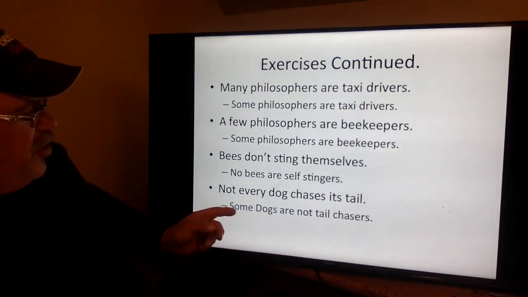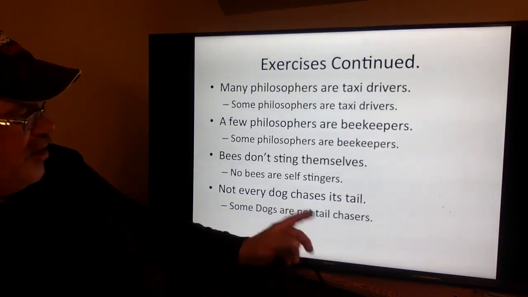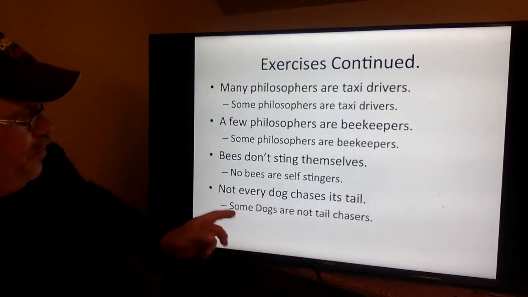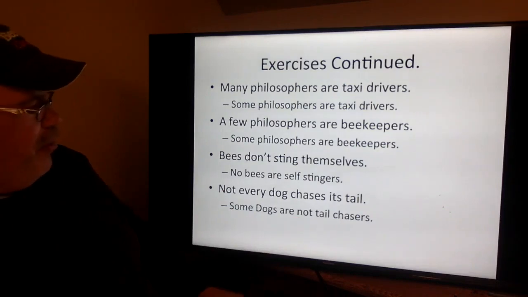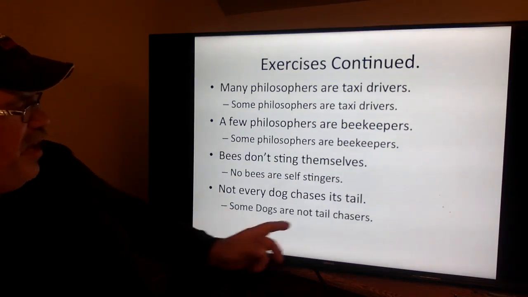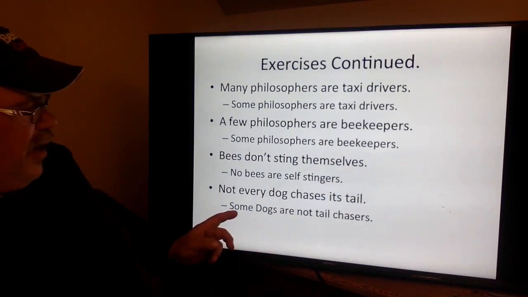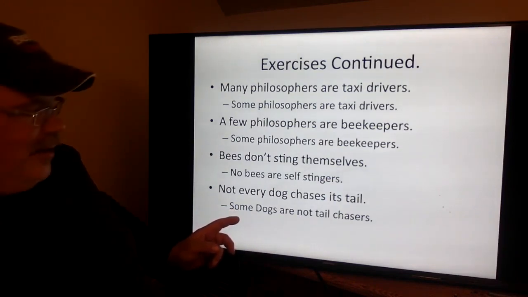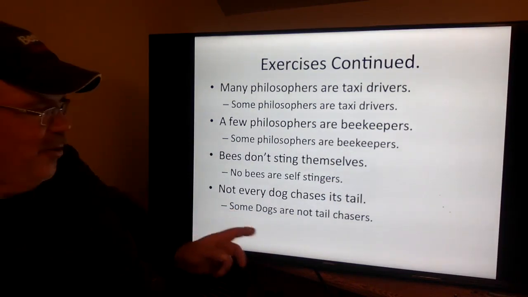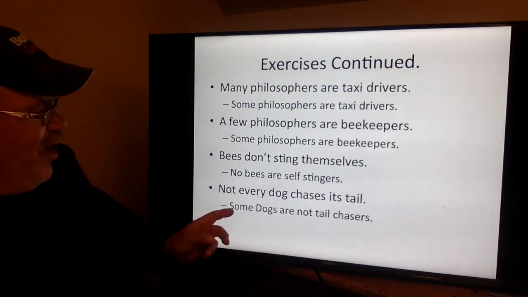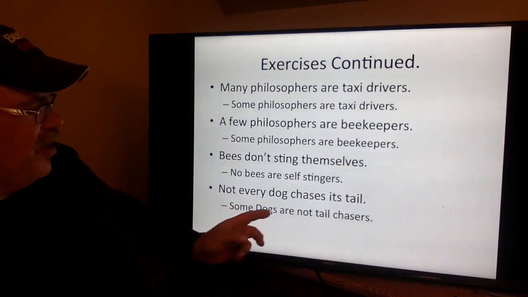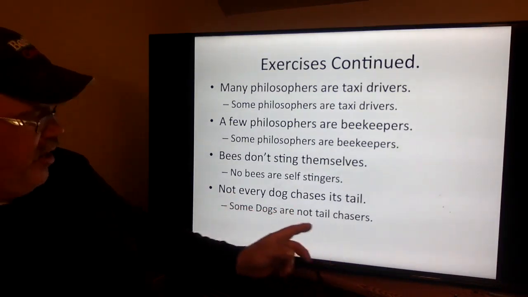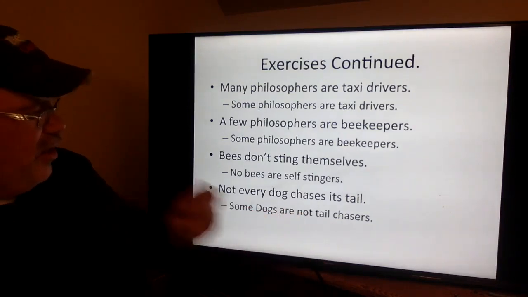Notice when it starts with some, the not goes in the middle. It would be really useful if in our language we had a word that was some and negative. Now that would probably be snot, and we probably don't want to use that. So we end up having it be some subject are not predicate with that not in the middle.